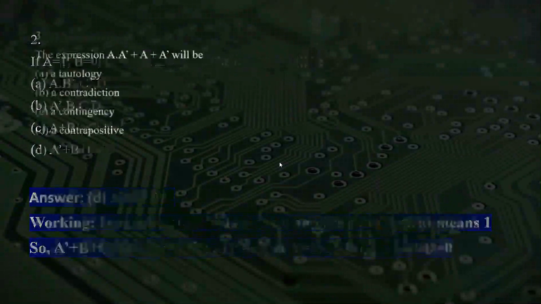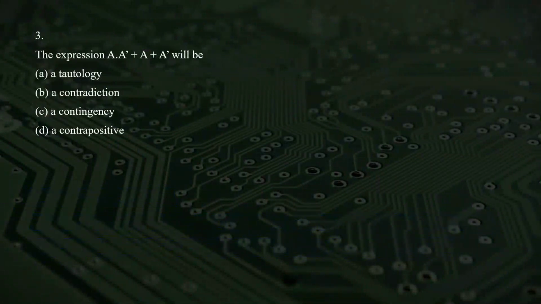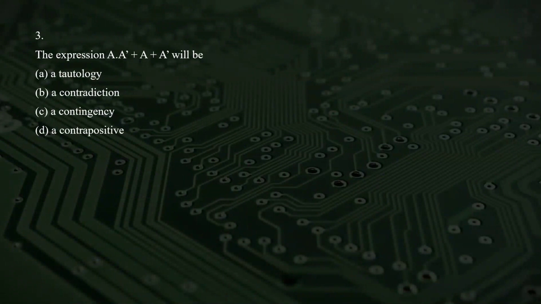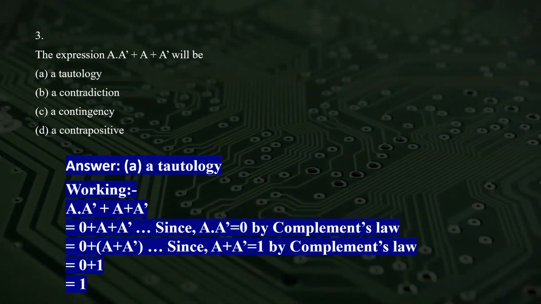Next question. The expression A dot A bar plus A bar will be a tautology, a contradiction, a contingency, a contrapositive. Answer is a tautology because A dot A bar leads to 0 by complement law and A plus A bar leads to 1 by complement law.